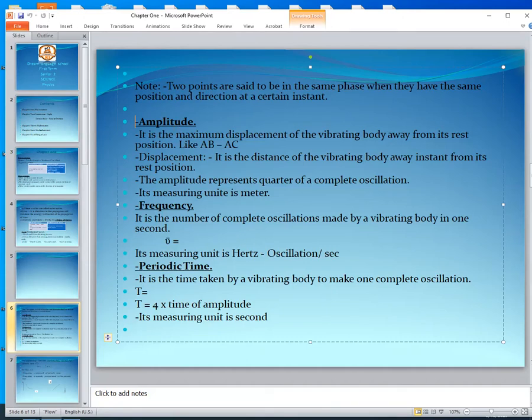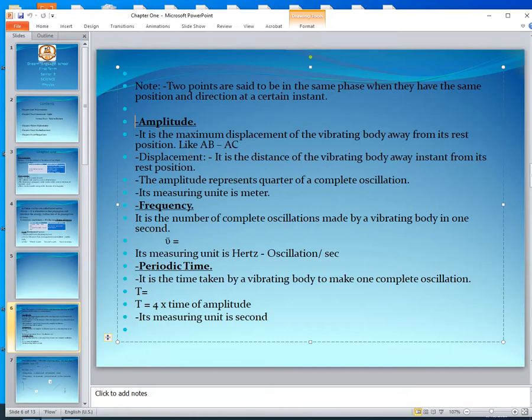So the amplitude is the maximum displacement of the vibrating body away from its rest position. If we call the rest position A, the maximum point to the left B, and the maximum point to the right C, so AB will equal AC, and it will be called amplitude.